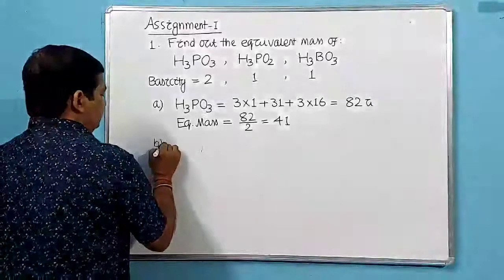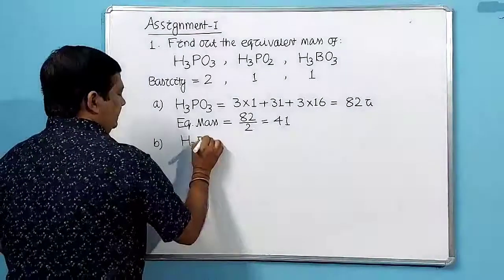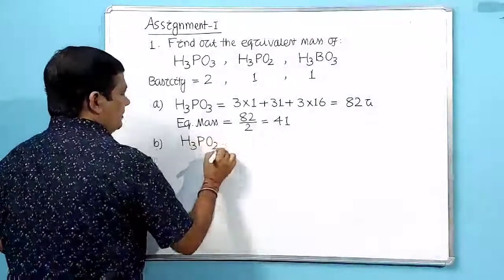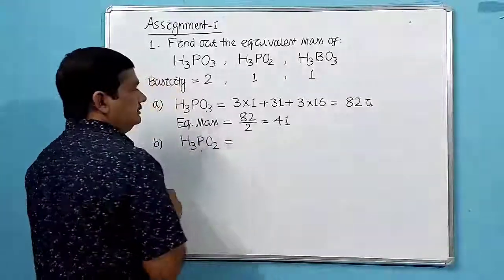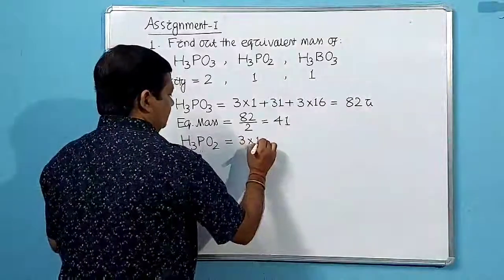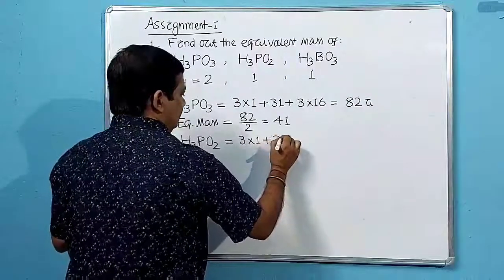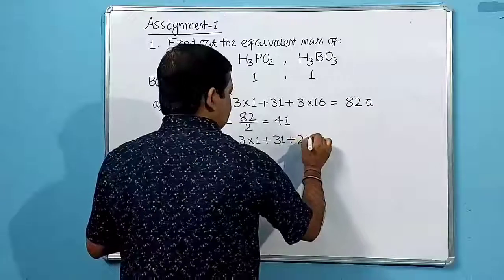Then hypophosphorus acid, H3PO2. Let us find the molecular mass first. 3 into hydrogen 1, plus phosphorus 31, plus 2 into oxygen 16.